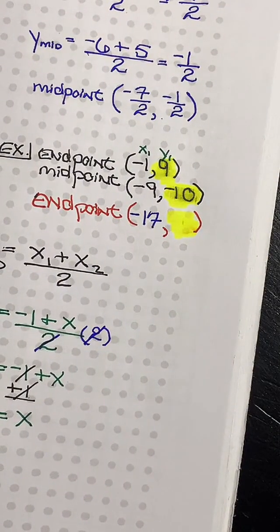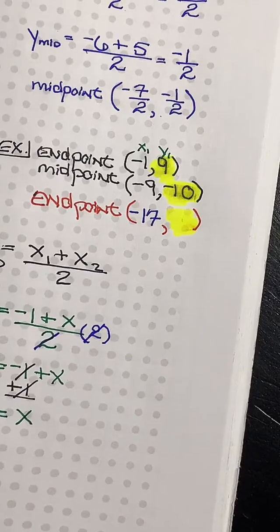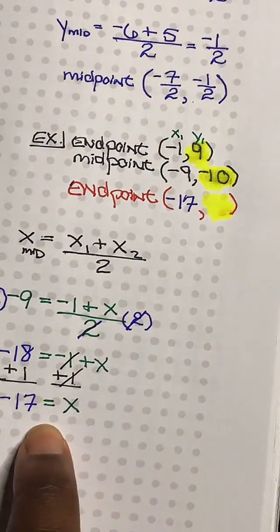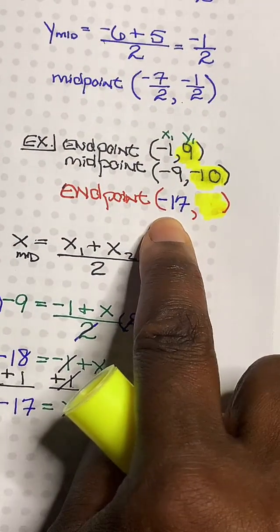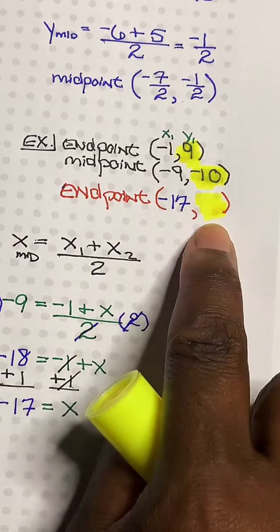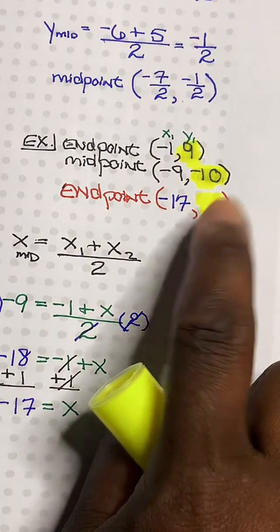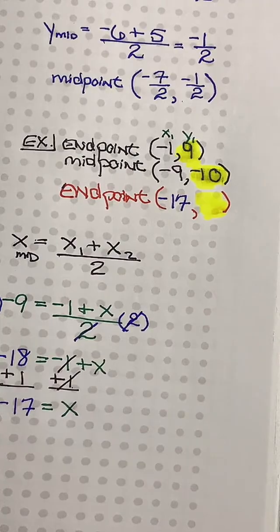So the missing x value for the endpoint, yes, is -17. Now we're going to do the same thing to find the missing endpoint for the y's.